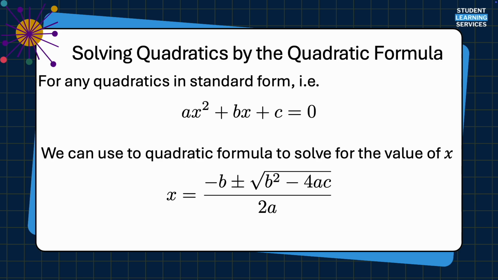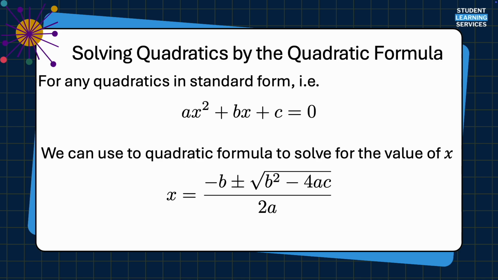Then we can use the quadratic formula x equal to negative b plus or minus square root of b squared minus 4ac all over 2a to find the value of x. Here, a, b, and c are just constants. They are coefficients of x squared, x, and the constant term respectively.